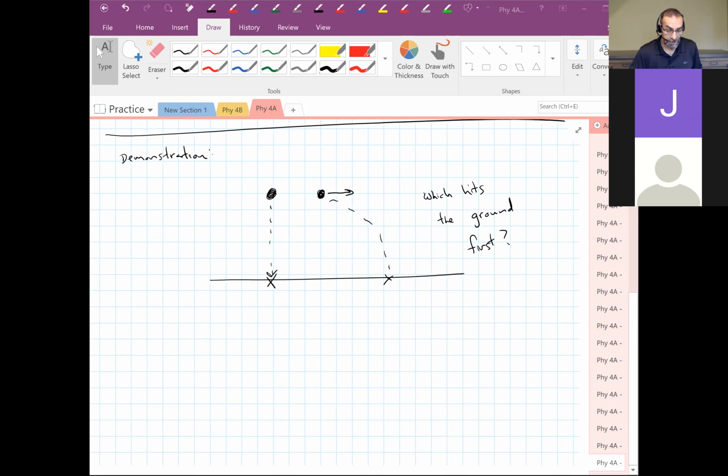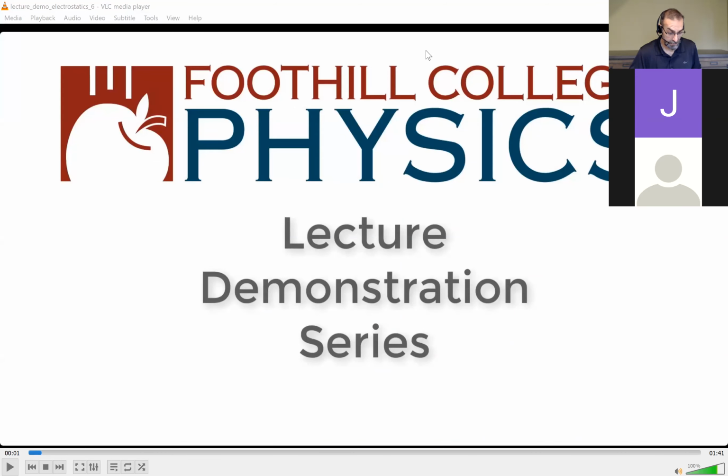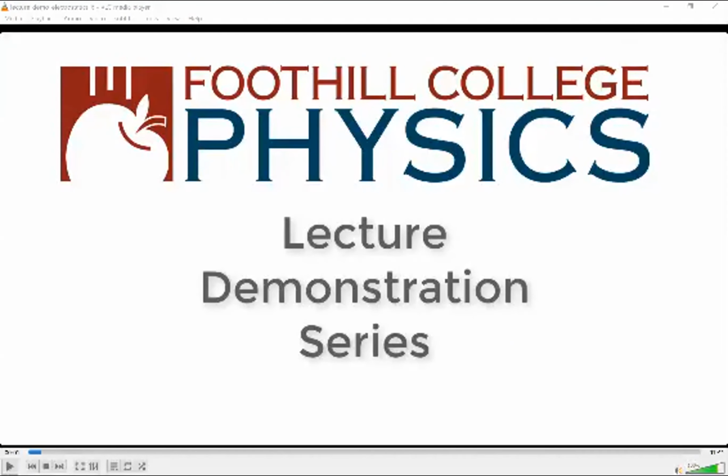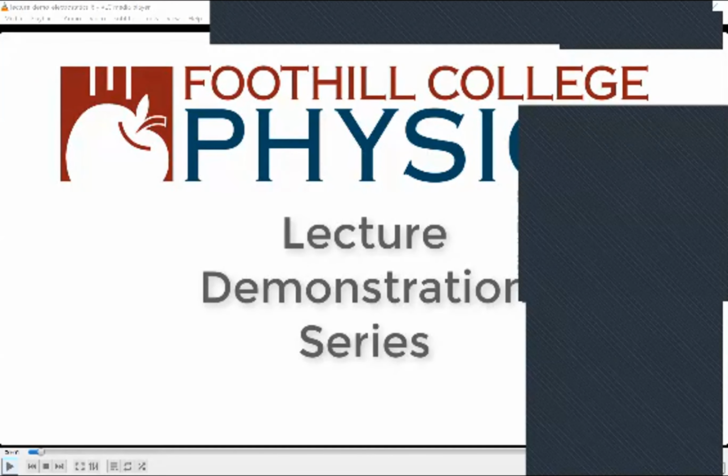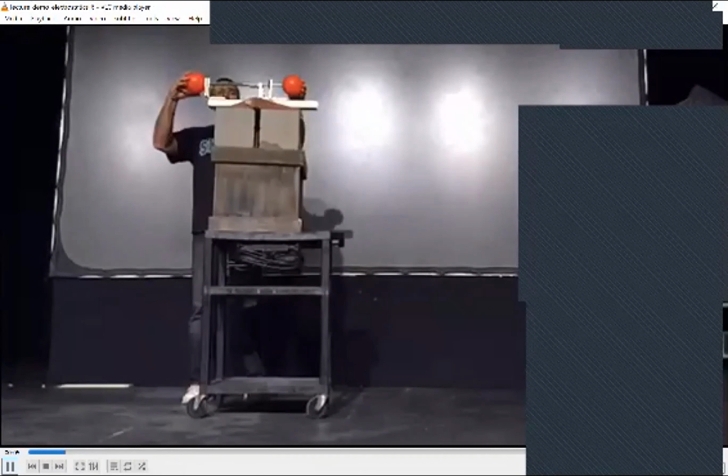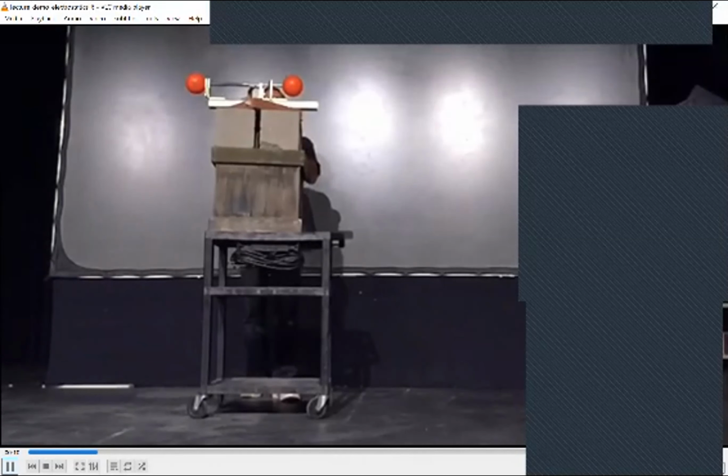Okay, let's take a look. There we go. This apparatus is going to launch two balls simultaneously. There's a horizontal rod that's spring-loaded.